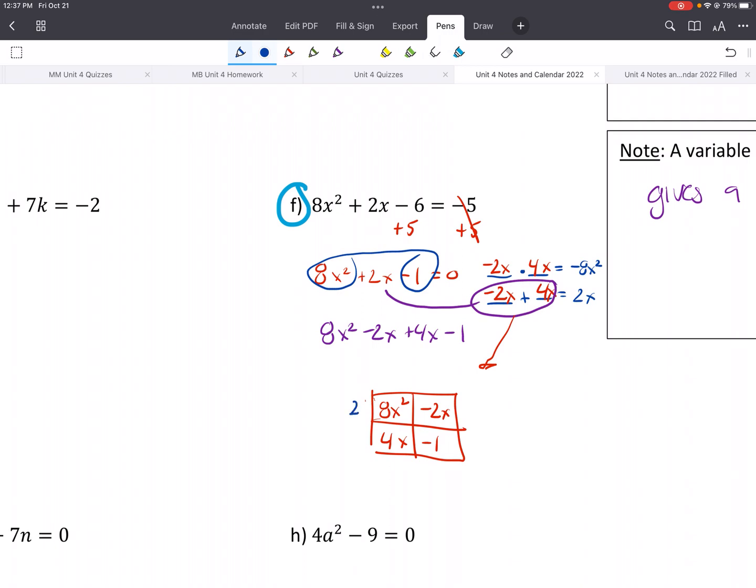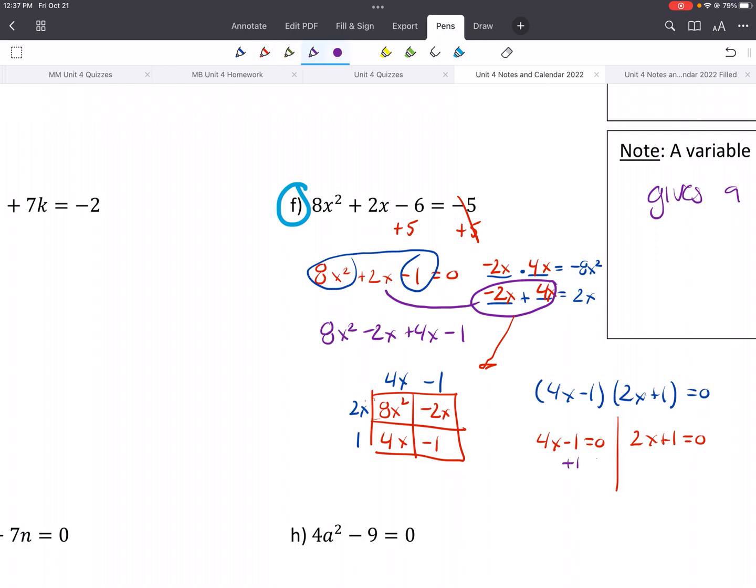Greatest common factor would be 2x, and then 1, 4x, and negative 1. So we've got 4x minus 1 and 2x plus 1 equals 0, and then we'll use the zero product property. So either 4x minus 1 has got to be equal to 0, or 2x plus 1 has got to be equal to 0, and we'll solve.